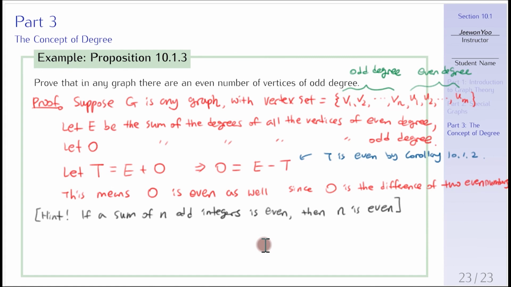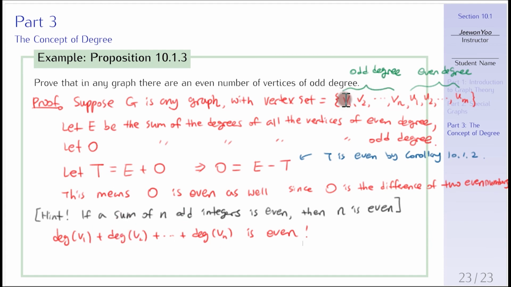In the meantime, let's finish off the proof. We already proved that o is the difference of two even numbers. So this number o, which is degree of v1 plus degree of v2 plus up to degree of vn, is an even number. So far we have that. Did you notice that we have a sum of n odd integers?